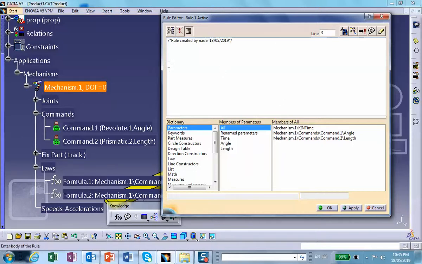These formulas that I wrote like this for you, I'm going to put in a rule instead. Obviously there are no if statements here. It's a uniform velocity.